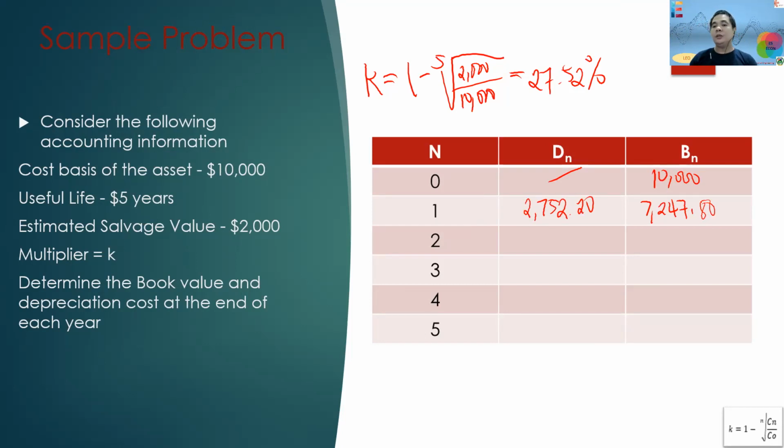So the 7,247.80, you again multiply by K. So this is 1,994.74, and the book value is 5,253.06.